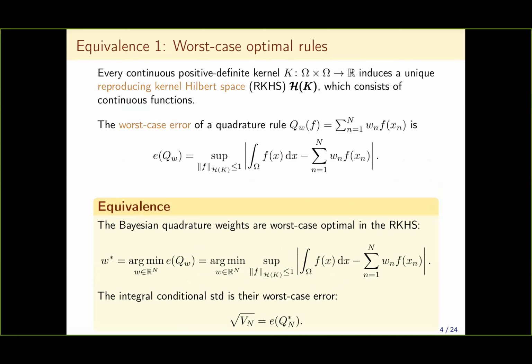So then we have these two equivalences. First of all, any given continuous positive definite kernel induces a unique reproducing kernel Hilbert space, which in this case is a certain space of continuous functions, which has an associated inner product and a norm.